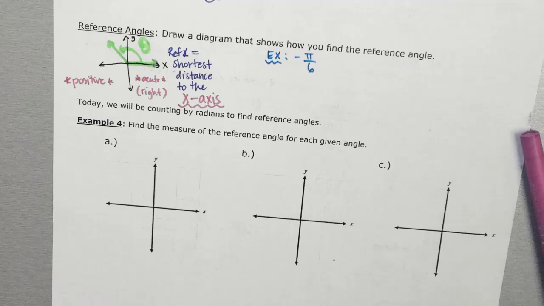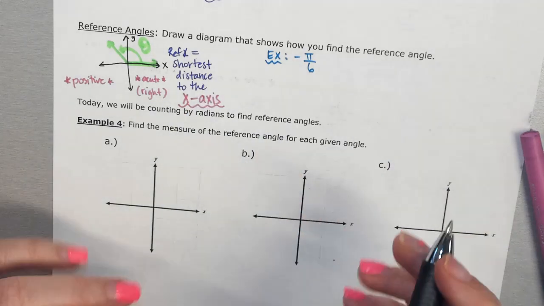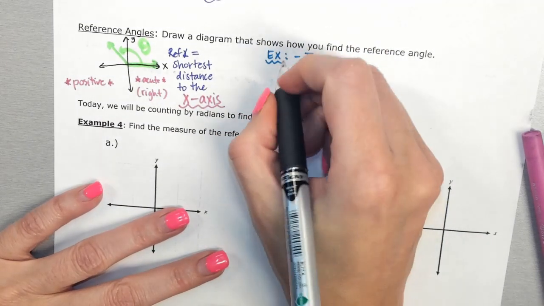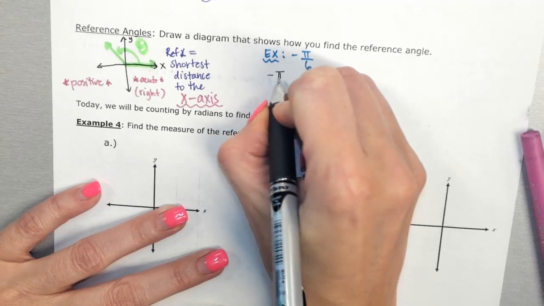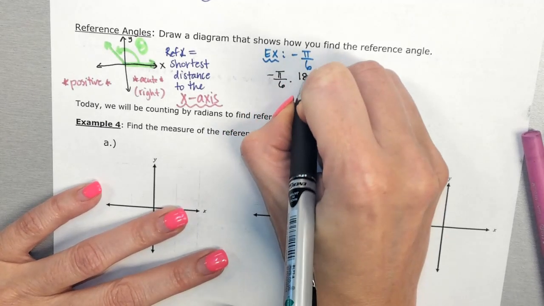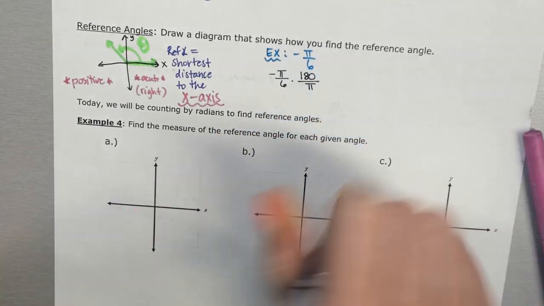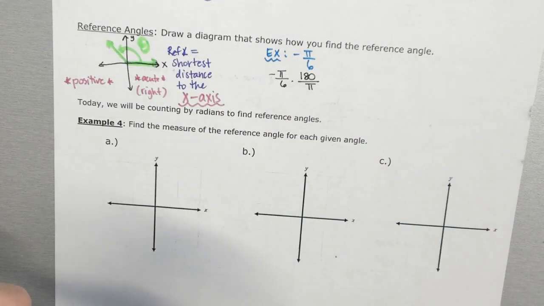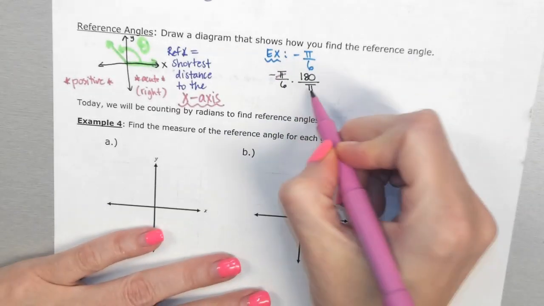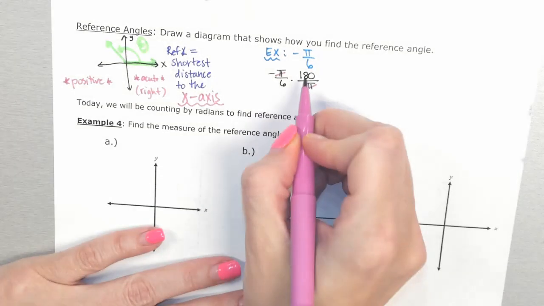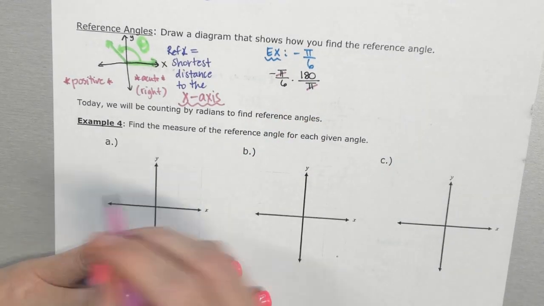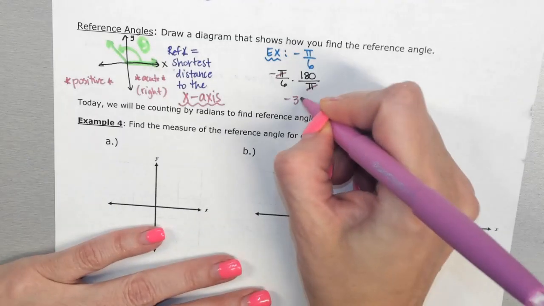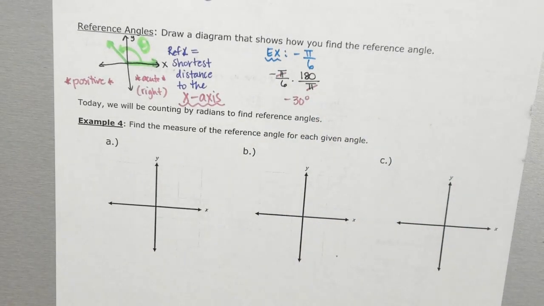Okay, so your devices should be away and you should be doing this with me. Once you cancel those out, 180 divided by 6 is, yep, so this will be negative 30 degrees. Remember that is the angle that we are graphing.